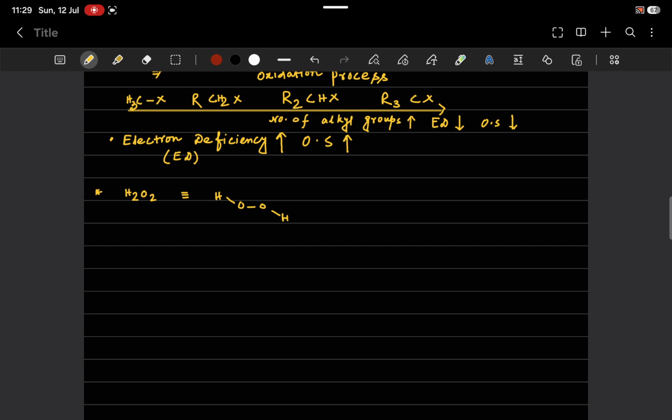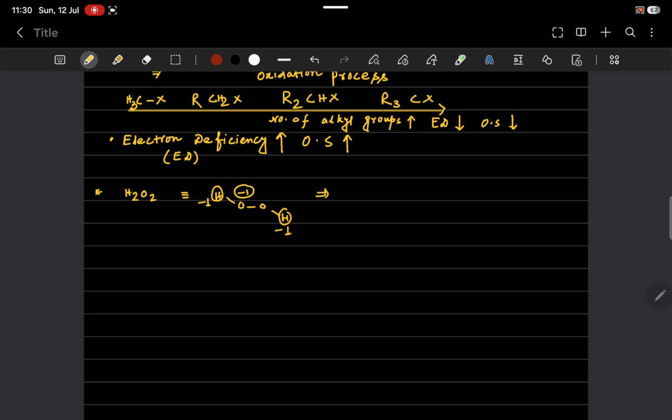So from here, if I ask you what should be the oxidation state? I already mentioned, when oxygen is connected with one hydrogen, it will be -1. Very simple. Hydrogen means contribution towards the oxygen atom, so it will be -1.